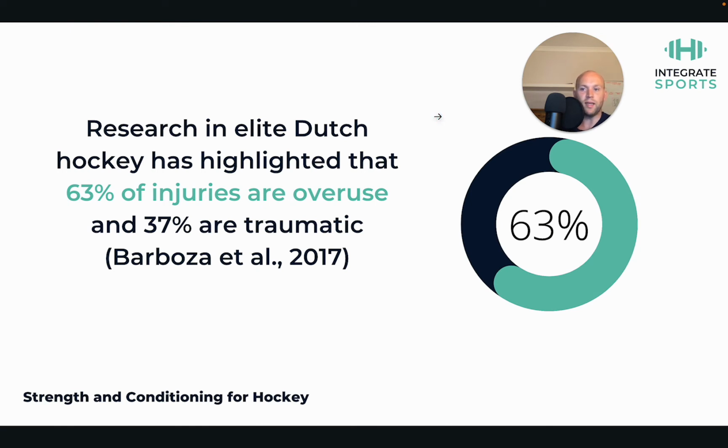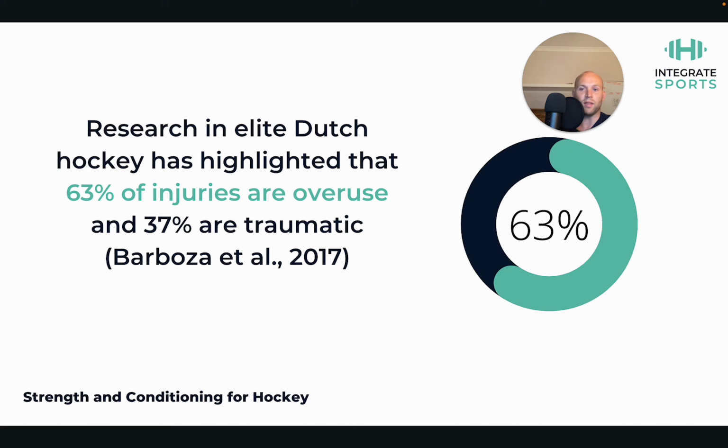Equally, research in elite Dutch hockey highlighted that 63% of injuries are overuse. So the majority of injuries actually are overuse and not traumatic, so not sudden or acute injuries. And this gives us information that would suggest that if that is the case, then increasing the capacity of tissues to withstand these sorts of loads over time is going to help to offset the risk of those injuries.